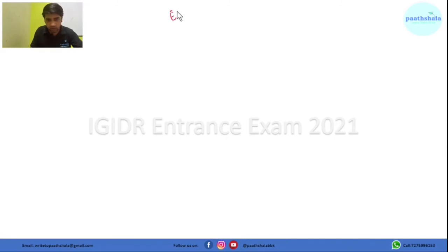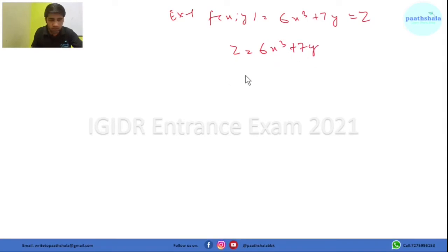f(x, y) equals, let's say, 6x cube plus 7y, and this denotes the z. So z equals 6x cube plus 7y. Here y equals f(x) is also given, that is 4x cube plus 3x plus 8.